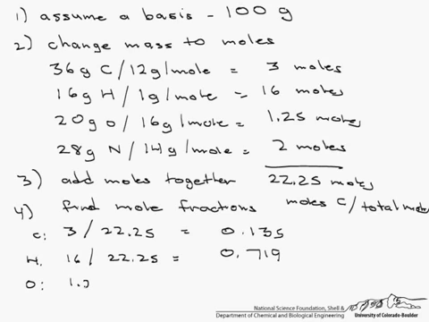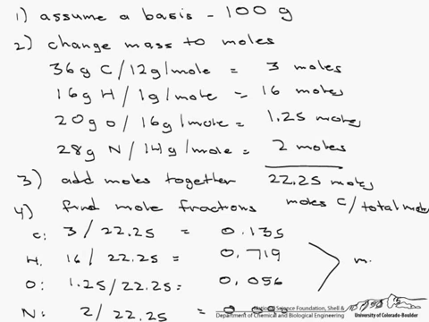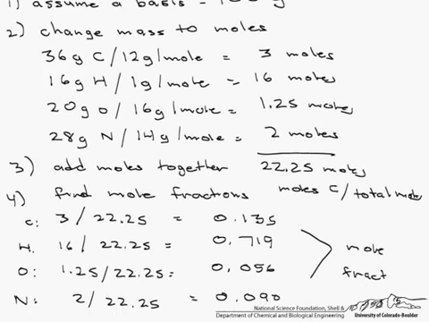Oxygen, 1.25 moles divided by 22.25 equals 0.056. And finally, with nitrogen, we have 2 moles. We divide that by 22.25 moles, and that equals 0.090. So these are our mole fractions.